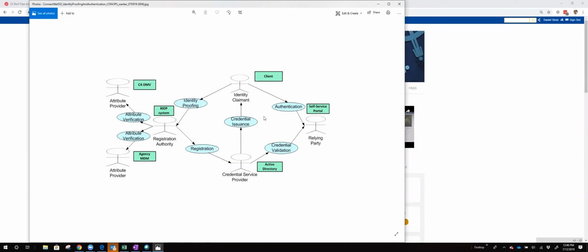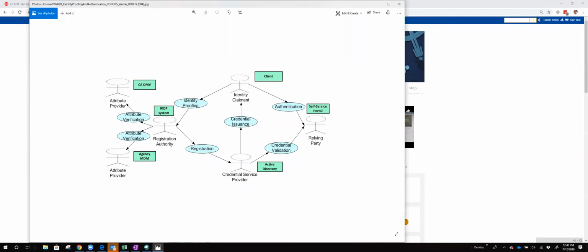We have attribute verification from the California DMV. Also, our own internal MDM system poses a Q&A challenge. That is a second method of verification. And the architecture is such that we can plug in additional verifiers like CRAs, credit reporting agencies, and all of that, right?